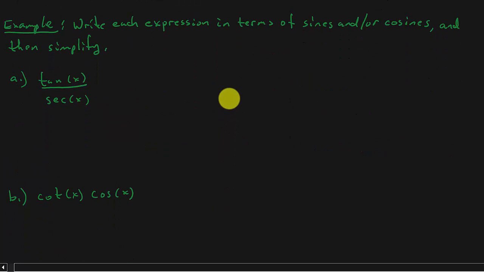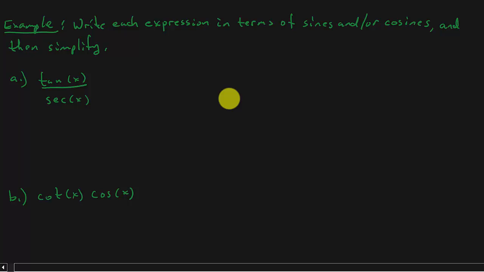All right, so here we want to write each expression in terms of sines and or cosines and then simplify. In this video we're not verifying trig identities. That's the next video. This right here is just getting you ready to be able to verify trig identities.